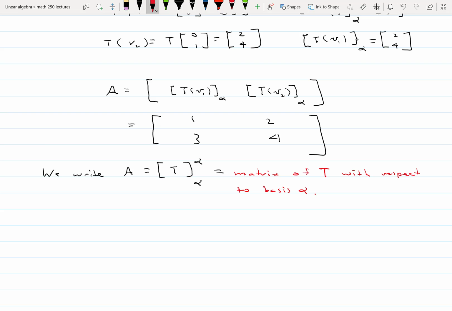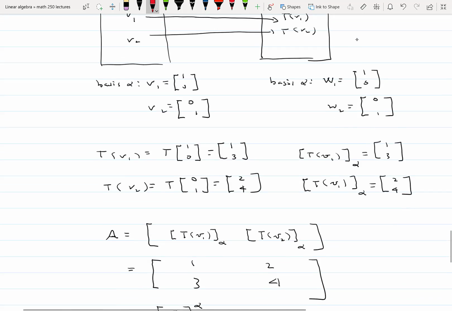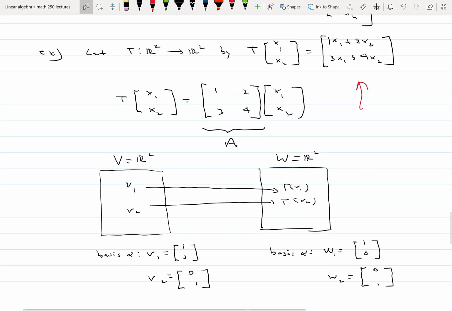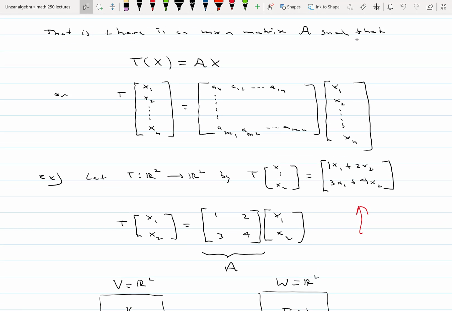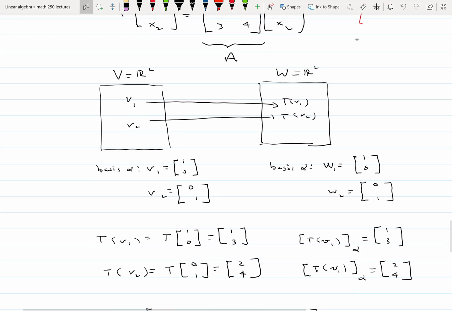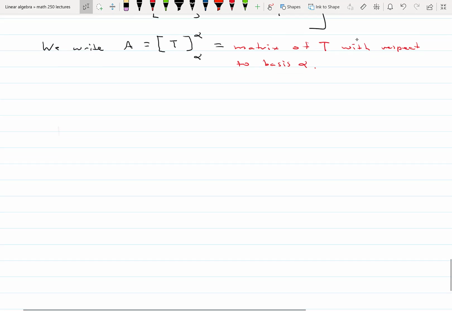This matrix is going to play a huge role for us in this section. For us, this is just a fancy way of defining the matrix A, which defines the linear transformation from R2 to R2, or more generally from Rn to Rm. So bear with me.